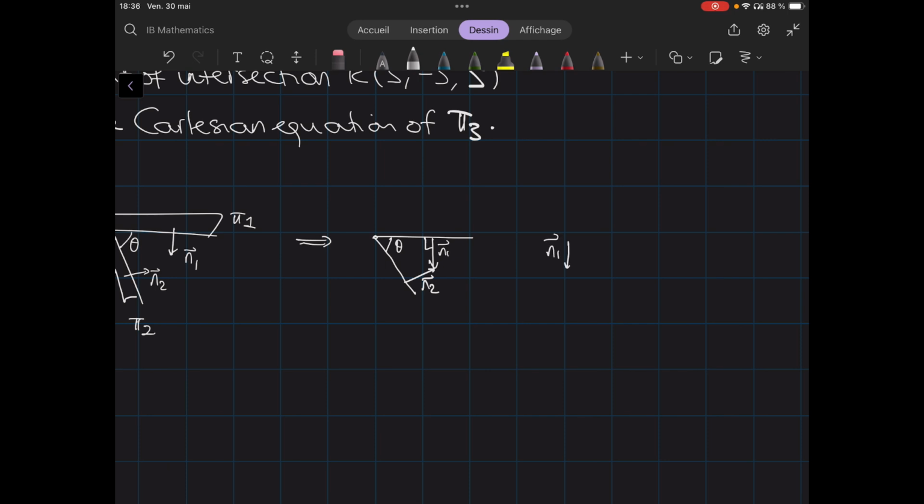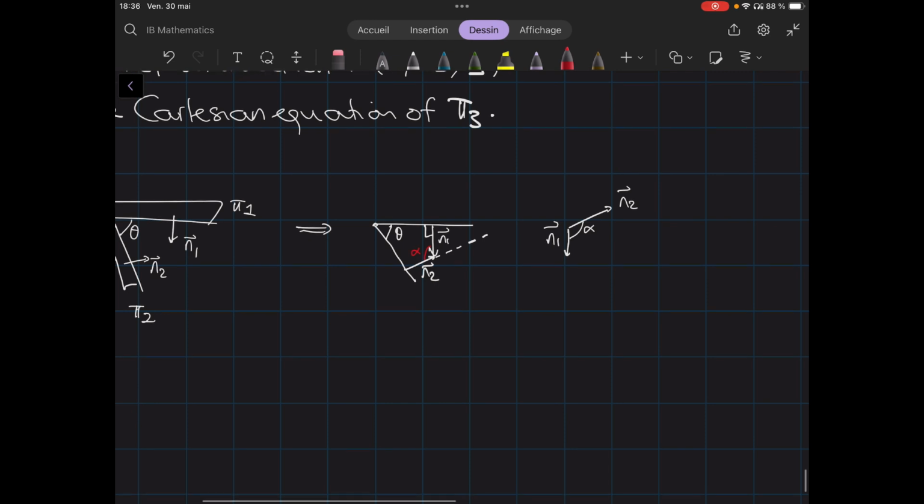So if n1 looks like this and n2 looks like that, what we're finding is this angle. So we could be finding this angle. And then from there, we can just take 180 minus alpha to get theta.